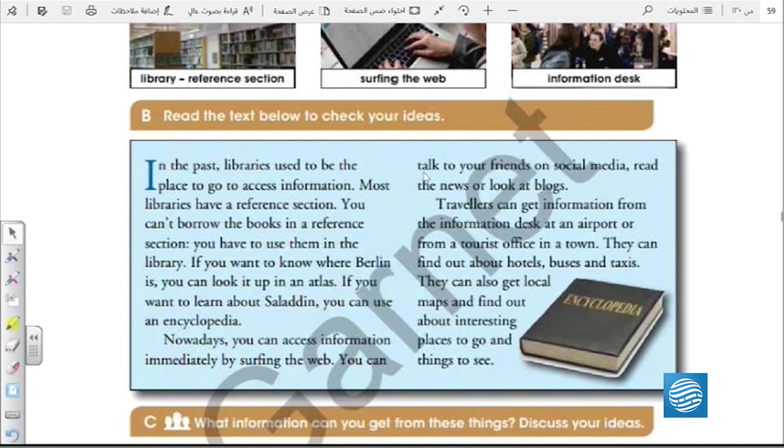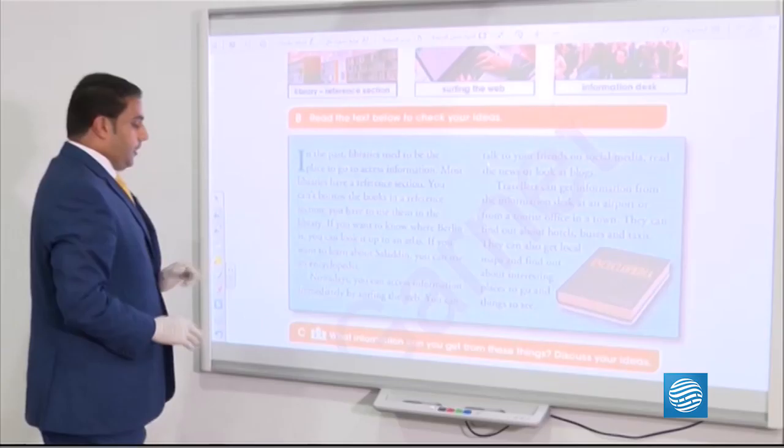They can also get local maps and find out about interesting places to go and things to see. So they can give you maps. A very big paper poster shows you the directions where to go. Okay.